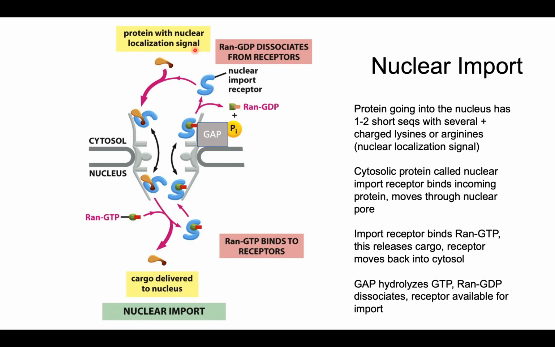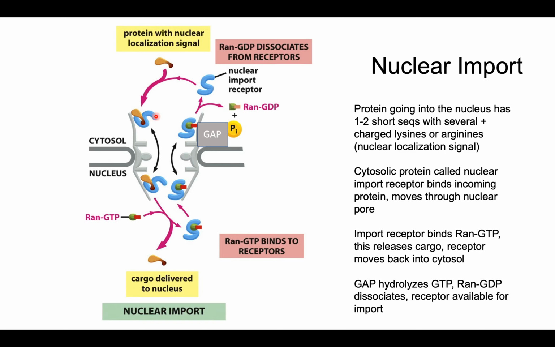So it almost looks like a Pringle in this example. But this dark area right here is our localization signal. We're going counterclockwise on this diagram, so we're going to follow the arrows this way. So our protein we want to bring into the nucleus is going to be recognized by this nuclear import receptor.